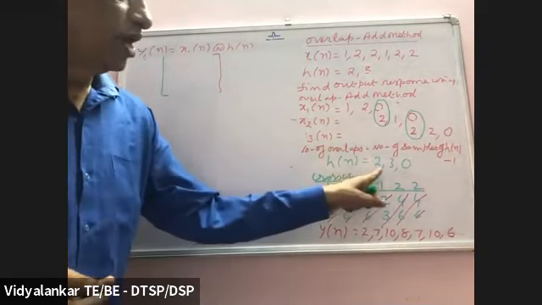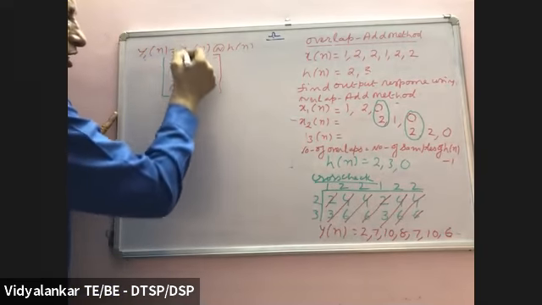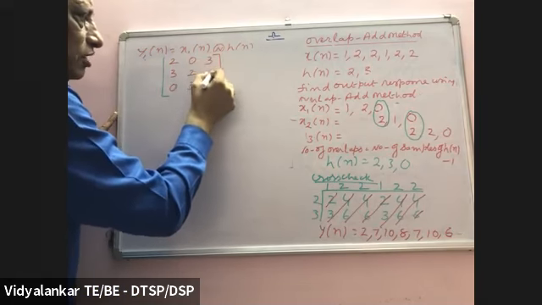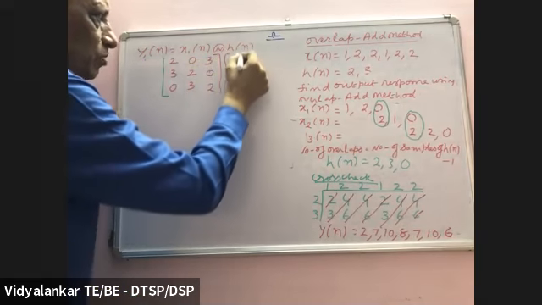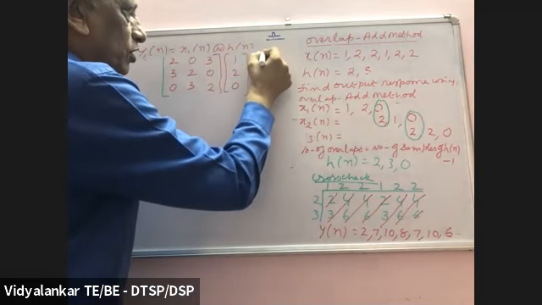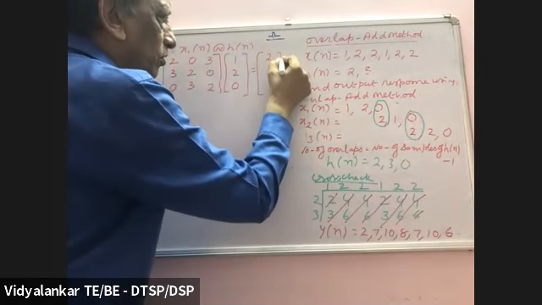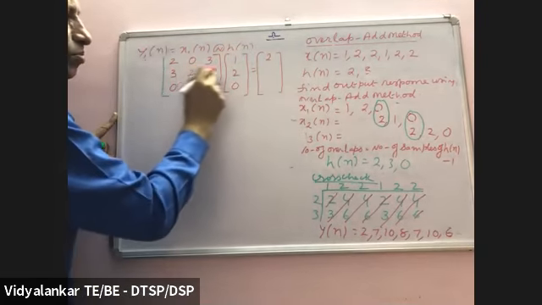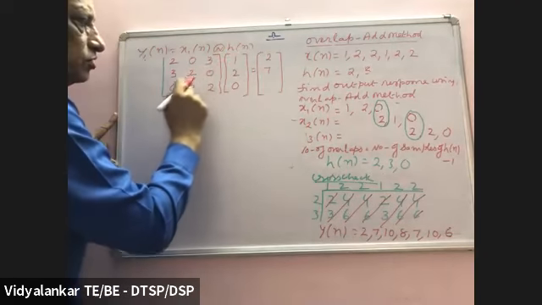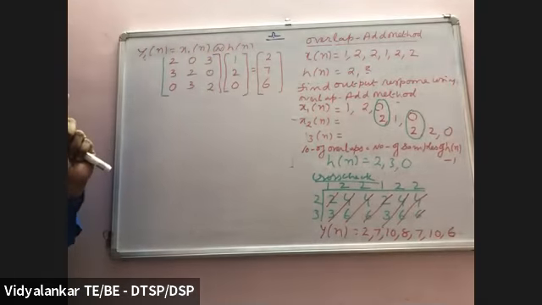Correct, perfect. Now h[n] I have written in the square matrix. This is h[n]: 2 3 0. Then in one rotation you will get 0 2 3. Second rotation you will get 3 0 2. This is multiplied by x1[n], which is 1 2 0. So y1[0] is 2 plus 0 plus 0. y1[1] is 3 plus 4, 7, plus 0. y1[2] is 0 plus 6 plus 0. These are the y1[n] values.